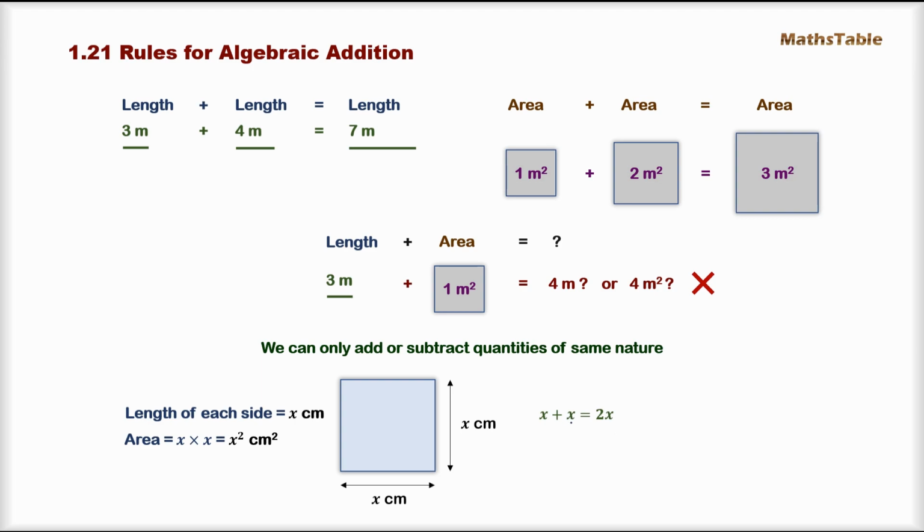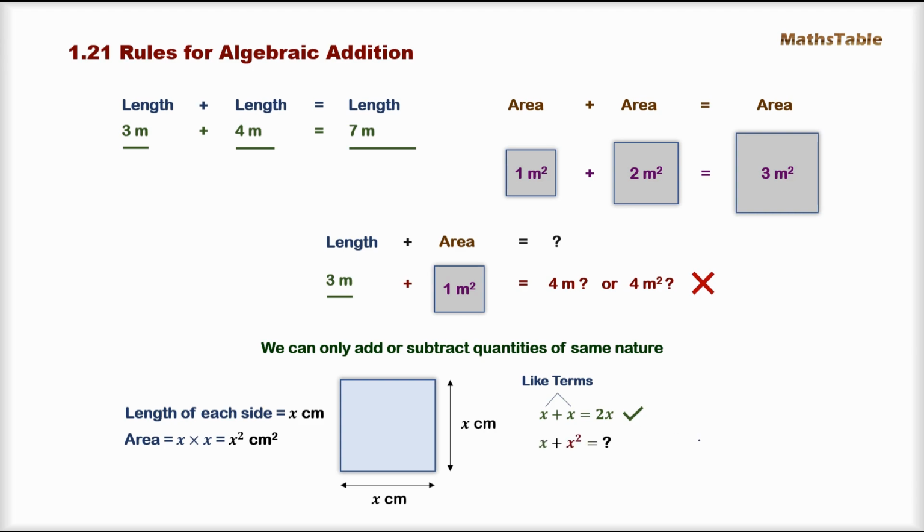Since x represents the length of the sides, and we can add a length to another length, these two variable terms are called like terms, and it is possible to add or subtract two terms containing the same variable, since the same variable means the same quantities in the real world. So as we can add length to length, we can add x to x.